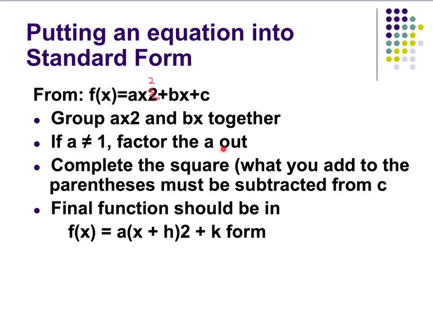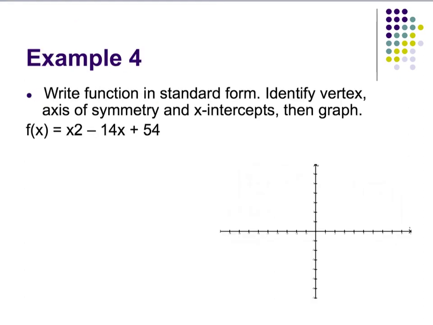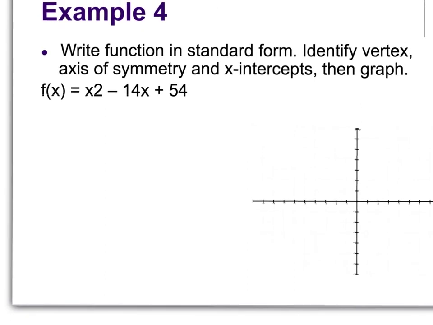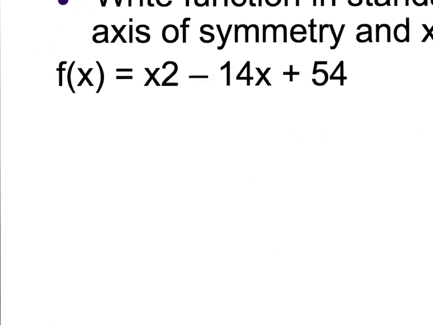If it's not 1, we're going to have to factor it out. And then we complete the square in order to put it into this format, a times x plus h squared plus k. In this example, the instructions say write the function in the standard form, identify the vertex, axis of symmetry, x-intercepts, and then we're going to graph it.